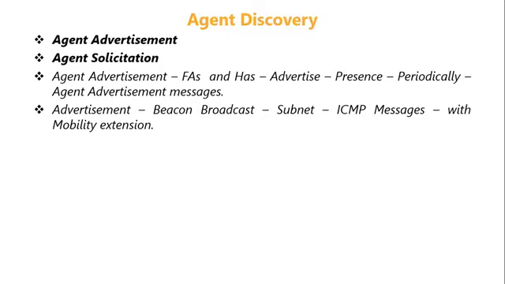These advertisements are basically ICMP messages according to RFC 1256 with mobility extensions. Routers in the fixed network implementing this standard also advertise their routing service periodically to the attached links.